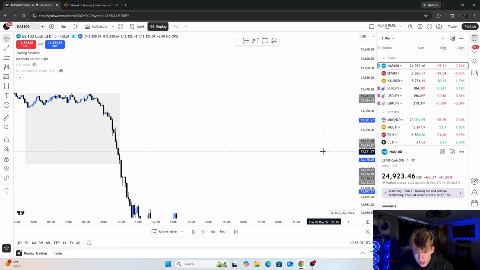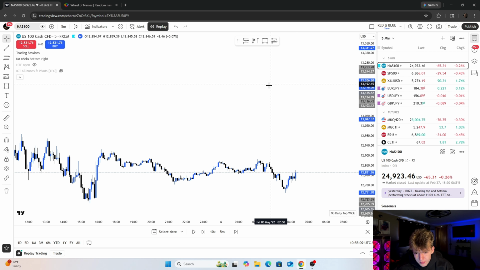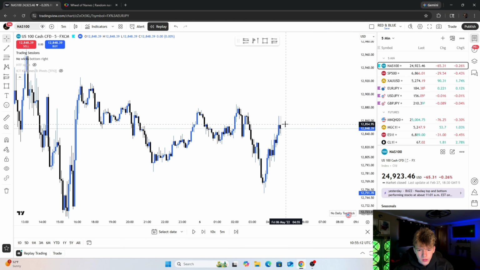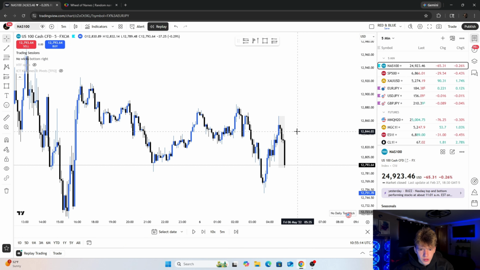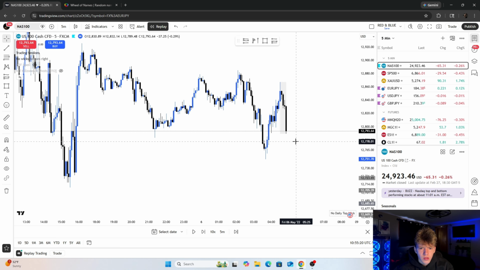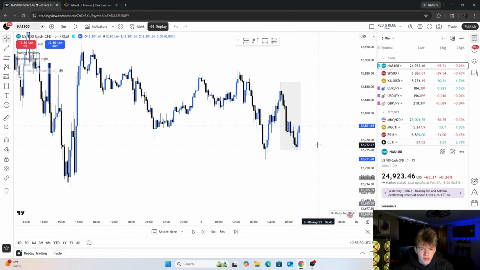Go to the next day. Alright, here we start the next day. Nothing valid, nothing valid. I was gonna say there's technically a demand here, but I wouldn't take it. Didn't even give an entry candle anyway, so doesn't matter.